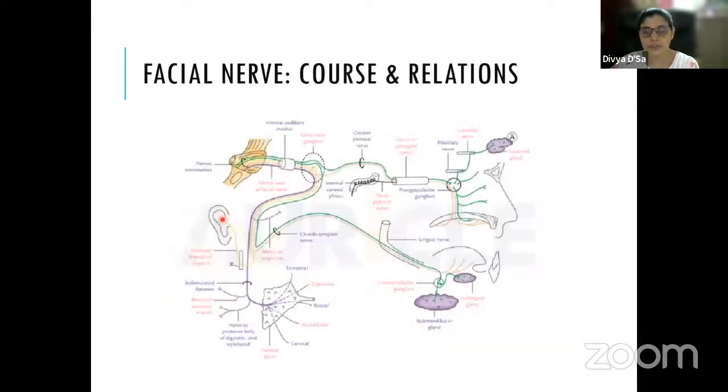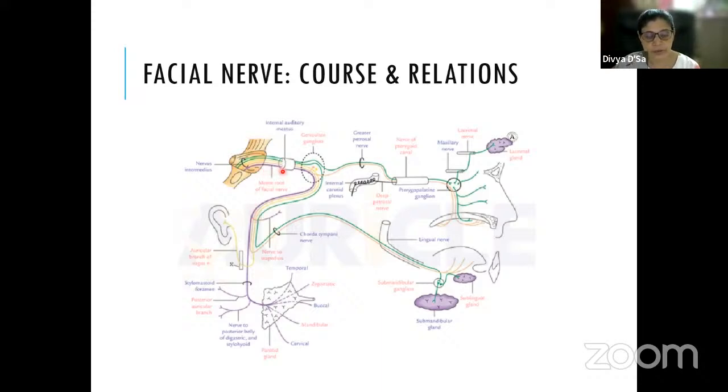Okay, so coming to its course and distribution. The facial nerve has got two roots. The motor root is there and the sensory root is there. So where do they arise?